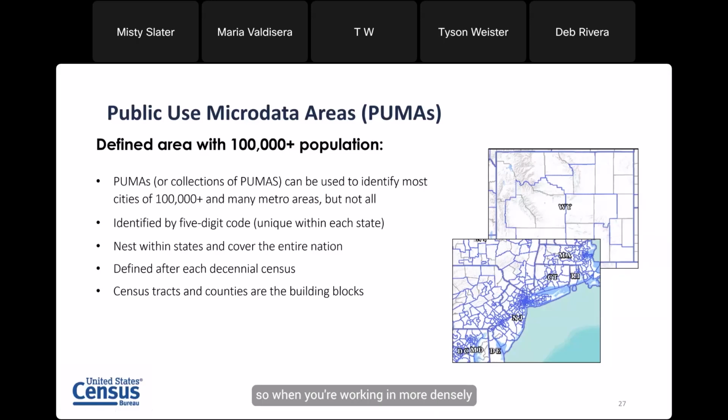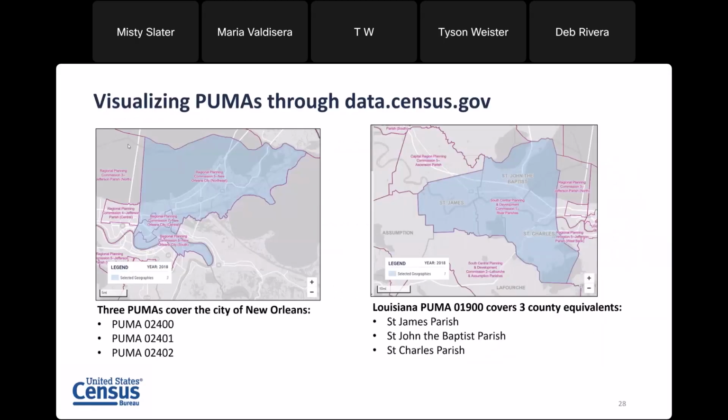So when you're working in more densely populated areas, like the northeast of the US, you'll notice that PUMA boundaries are small because the population is dense. But again, these areas are designed to capture roughly similar population numbers.